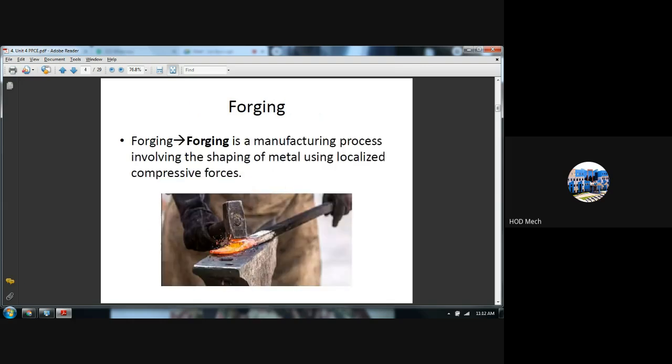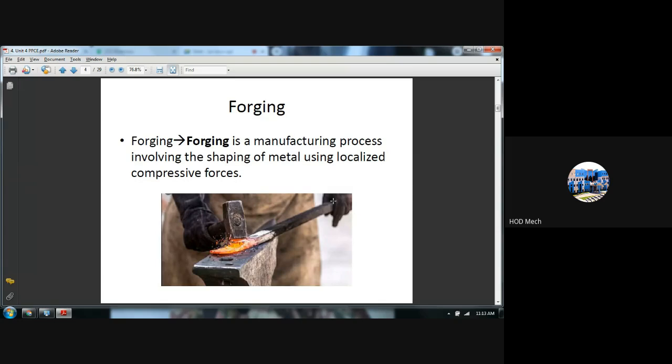Now if you look at this slide, the material here is in hot condition, it is glowing. It is an example of hot forging. Here, the crystal structure of this material will be unstable due to high temperature. So when you hit it with a hammer, it easily deforms according to the shape you need, right? But in this slide, the red area will have a different crystal structure.